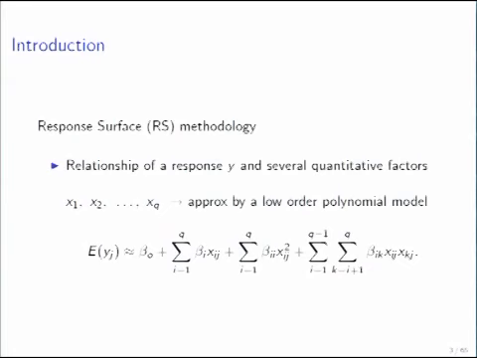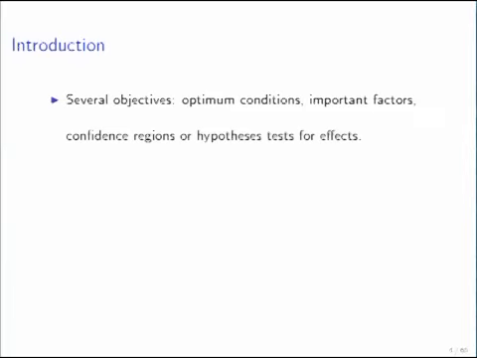So for example, here, the second order model. The researcher may have several objectives, for example, estimate the optimal conditions, or find important factors, or make more formal inferences about the effects of the treatments.